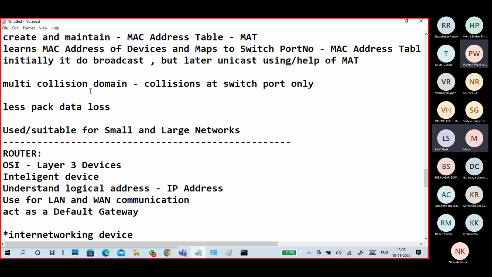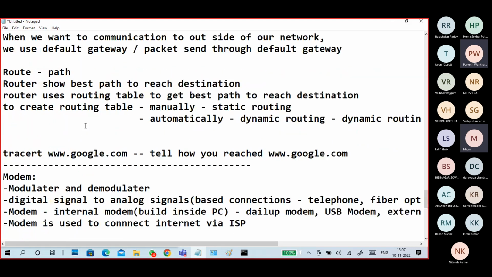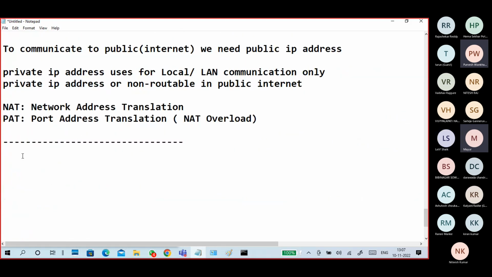Okay. In networking, is there anything left over, please? A lot of leftovers are there. What is LAN? Types of networks.